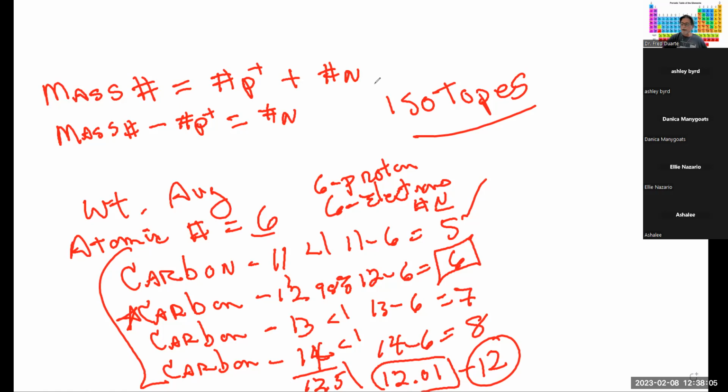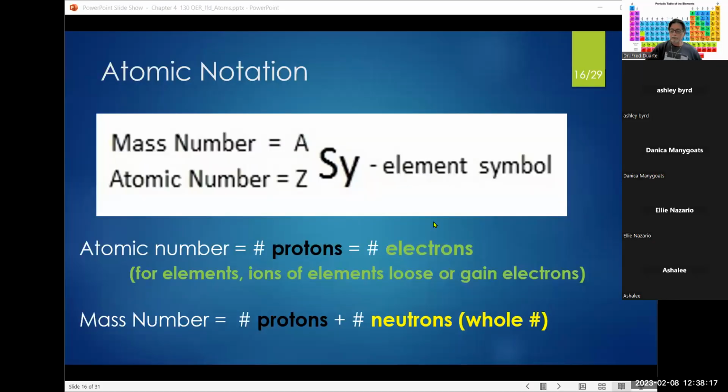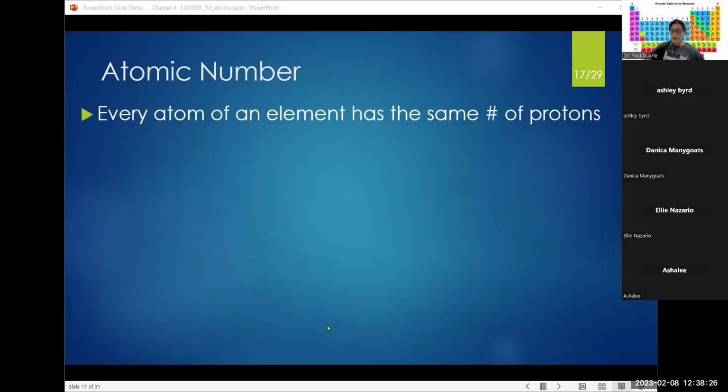All right, so let's go back to here. And so like I stated, the mass number is equal to the number of protons plus the number of neutrons. Now, the number of protons defines what that element is.